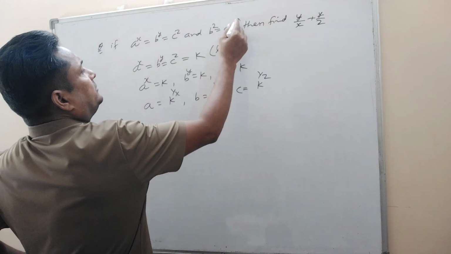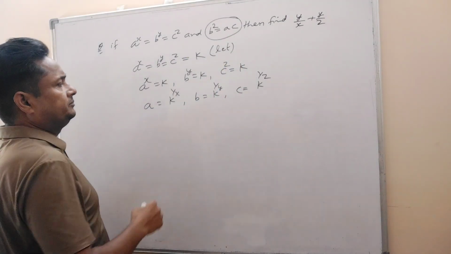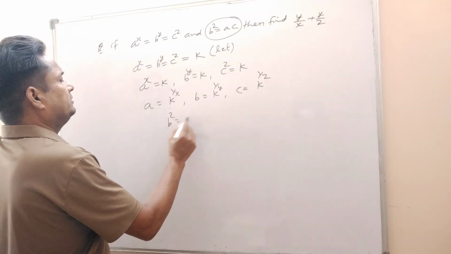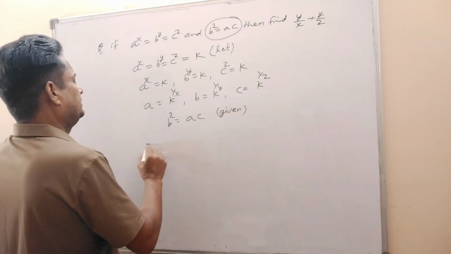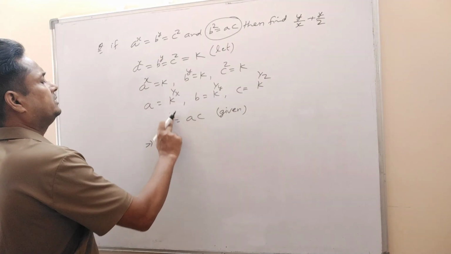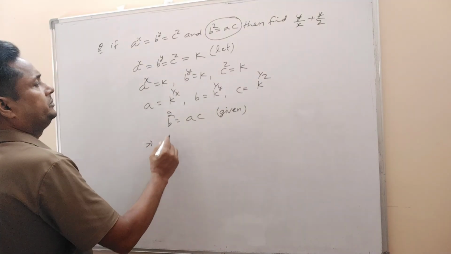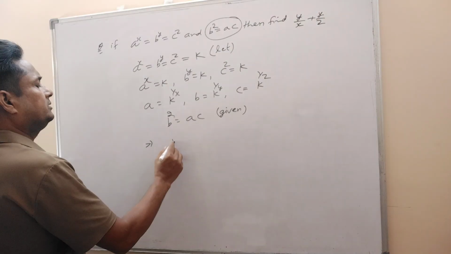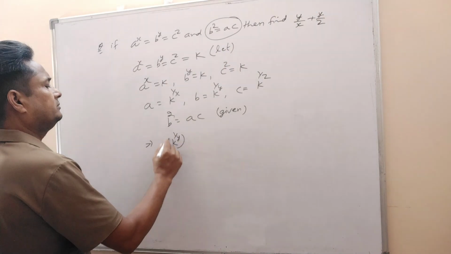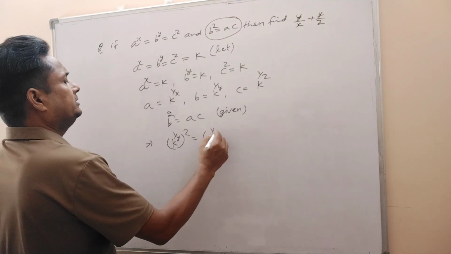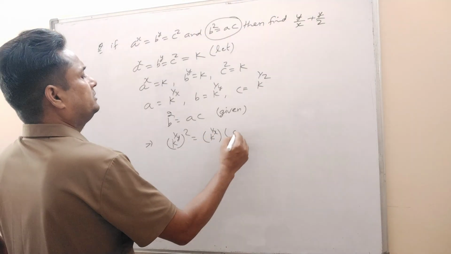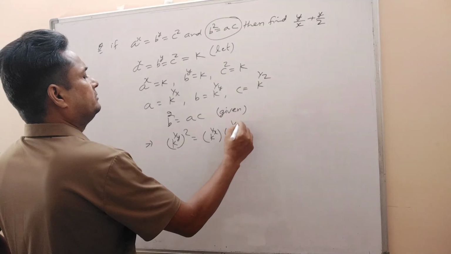Now this second relation is this one. So b square is equal to ac is given. So now b square, b is what? This one. So k to the power 1 by y whole square is equal to a is what? k to the power 1 by x into c is what? k to the power 1 by z.